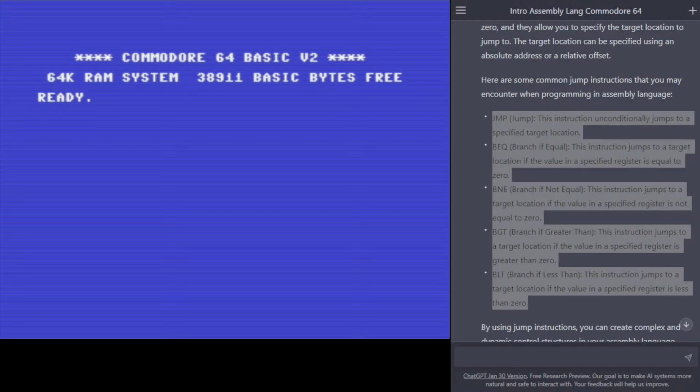BGT, branch if greater than. This instruction jumps to a target location if the value in a specified register is greater than 0. BLT, branch if less than. This instruction jumps to a target location if the value in a specified register is less than 0.